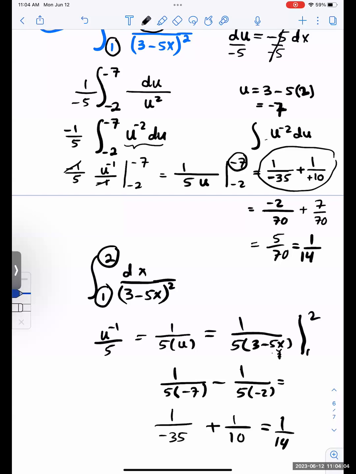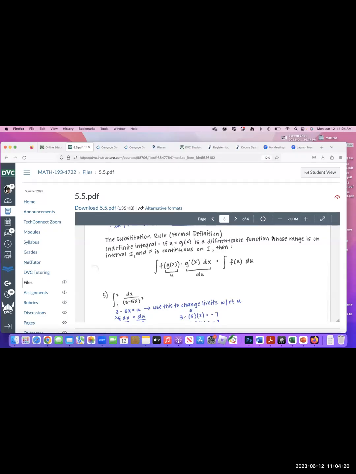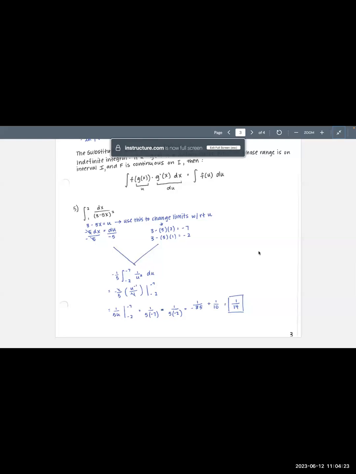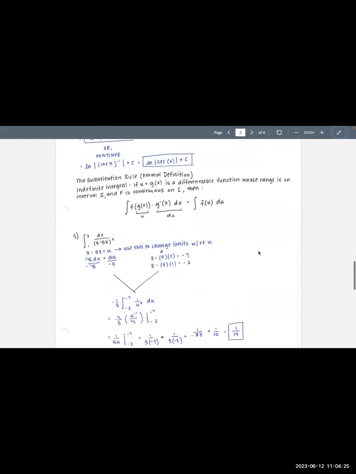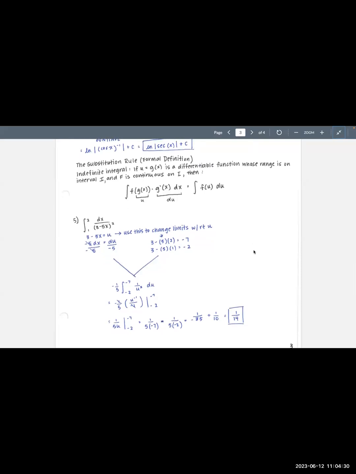So let's go to the formal definition of u substitution. So I'm going to share my screen with you for the formal definition. So the substitution rule, formal definition. So I want you to see the formal definition here.